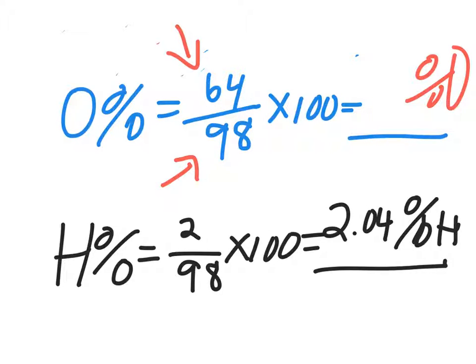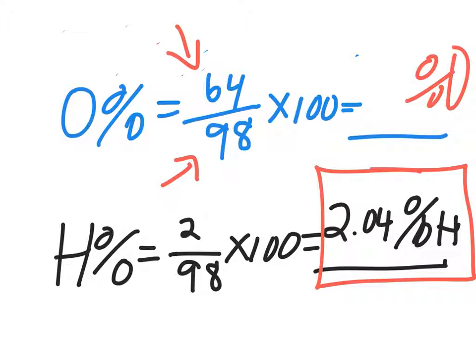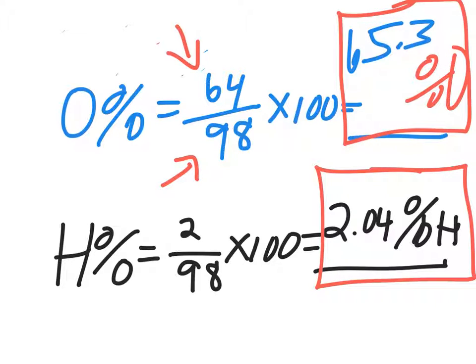Okay. And what was my percent for oxygen? This is for hydrogen, right? What was my percent for oxygen? 65.3. Okay. Now, here's a little trick. How can you figure out if you're on the right path?